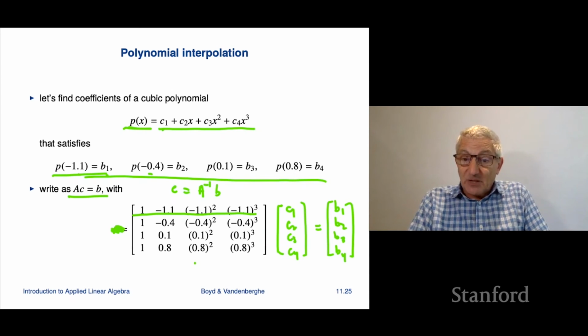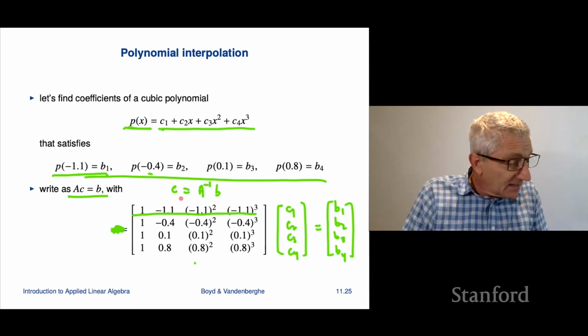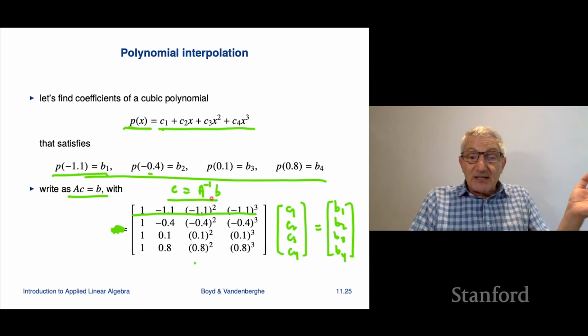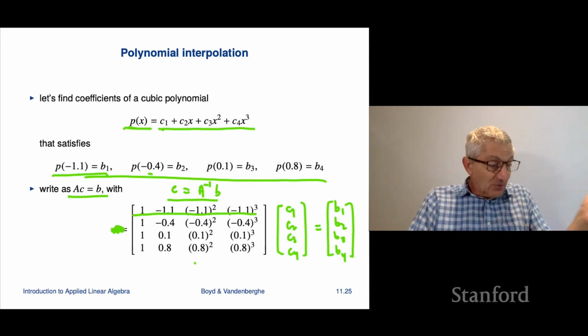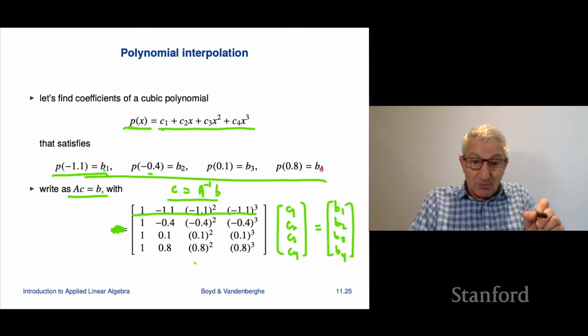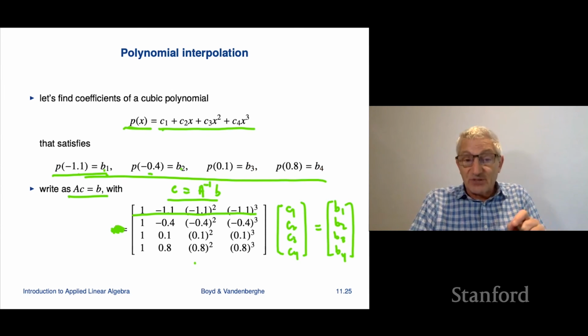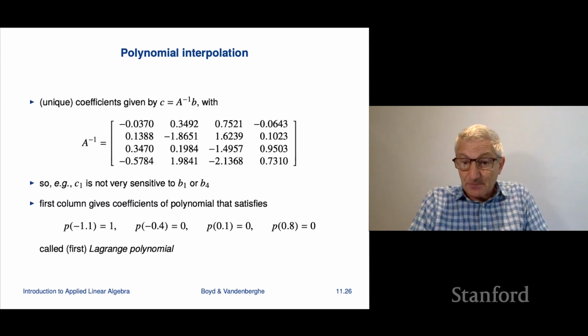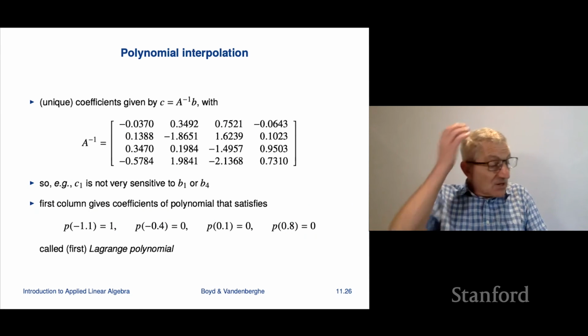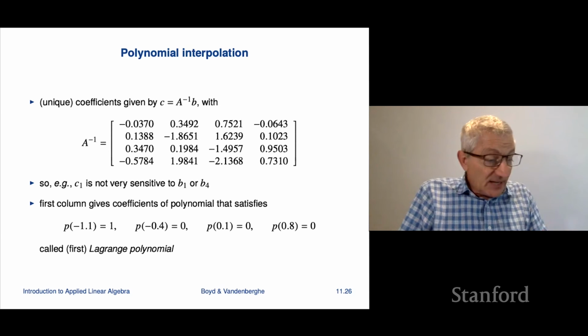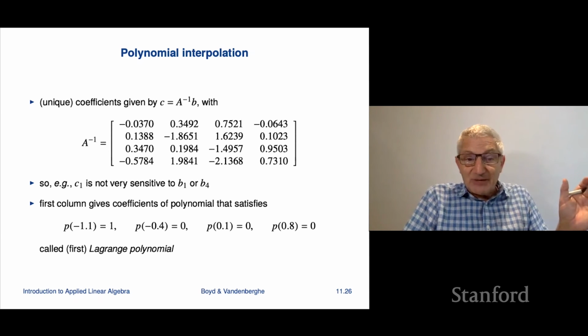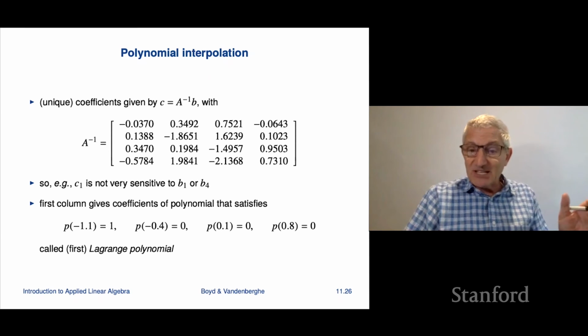So this is just a compact formula: you tell me where you want your polynomial to go through at these 4 points, and I'll tell you what the coefficients are. That's how that works. Here, A inverse is given to 4 significant figures; obviously there are more digits, but here it is.